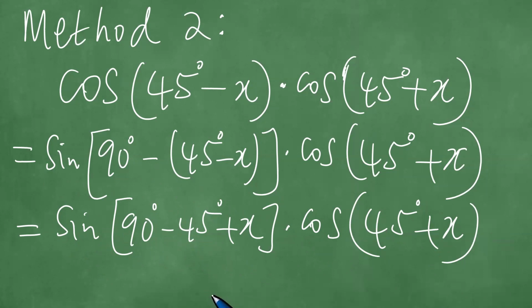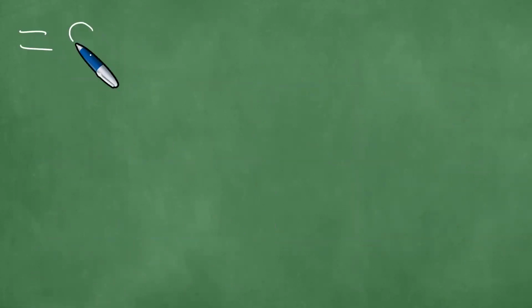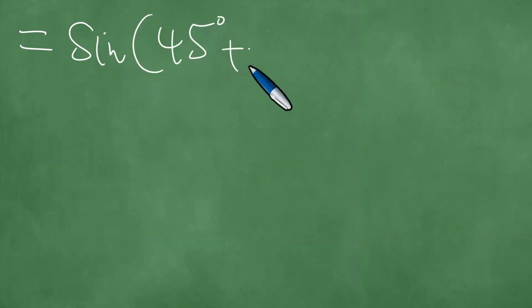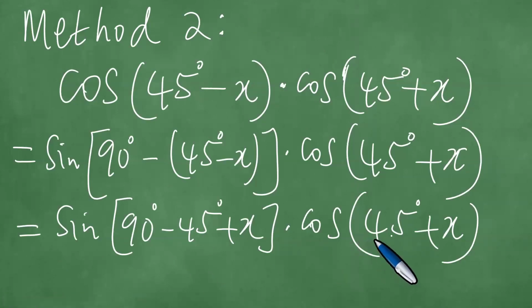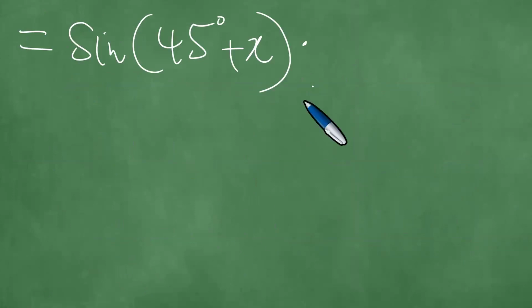Now let's look at these very carefully. What is 90 degrees minus 45 degrees? It is exactly 45 degrees. So this becomes the sine of 45 degrees plus x. Right, multiplied by the second part, which is the cosine of 45 degrees plus x.